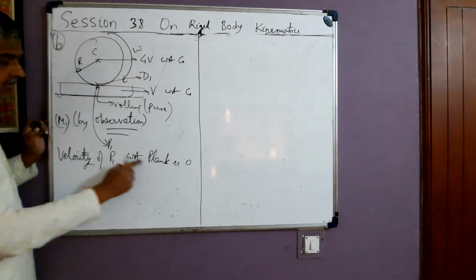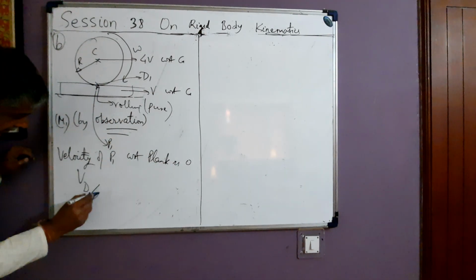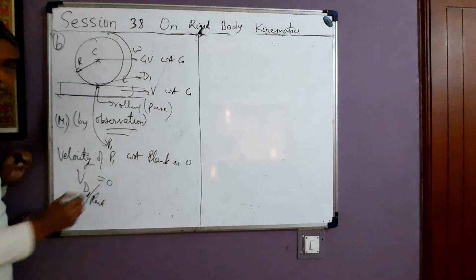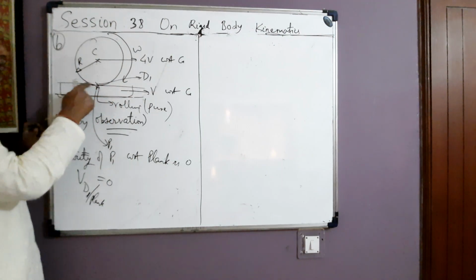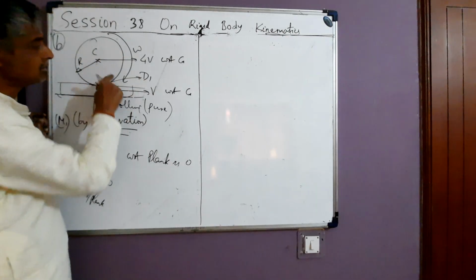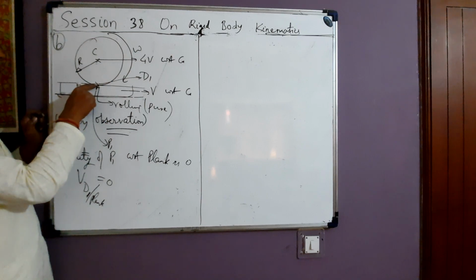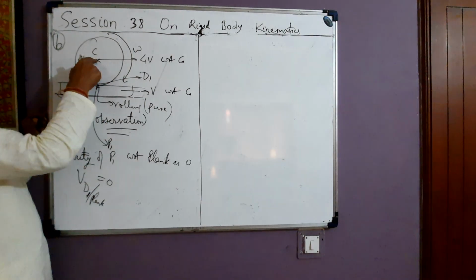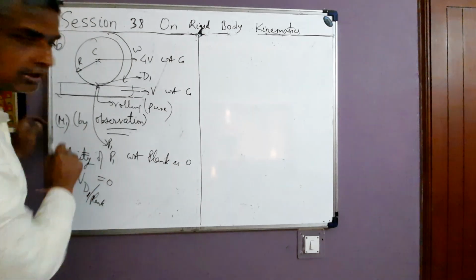So the velocity of D1 with respect to plank should also be 0. So by definition, D1 is the IC of the drum with respect to the plank, at a distance R vertically below C. First answer obtained by method 1.